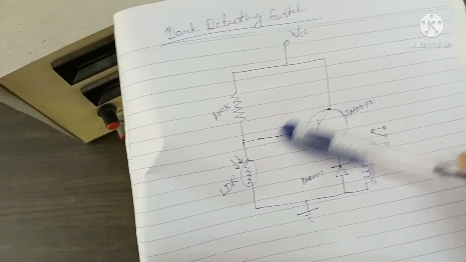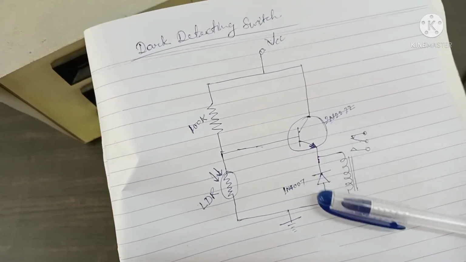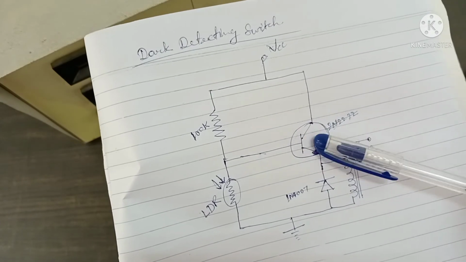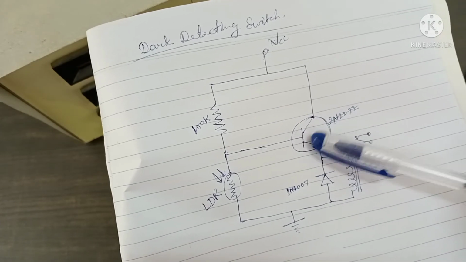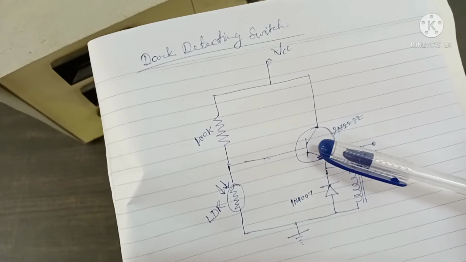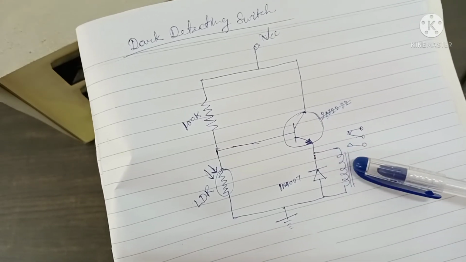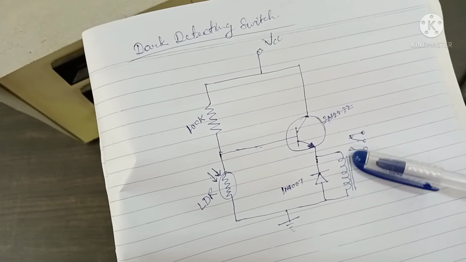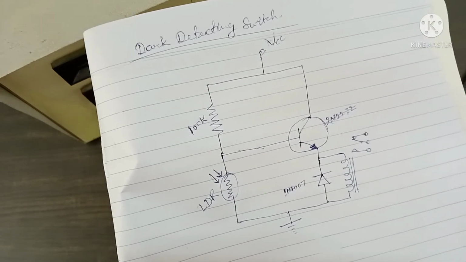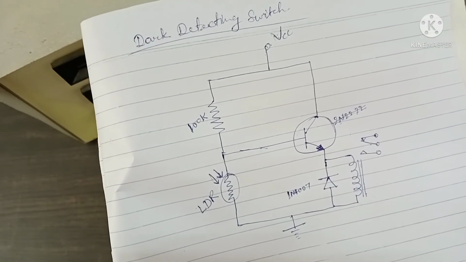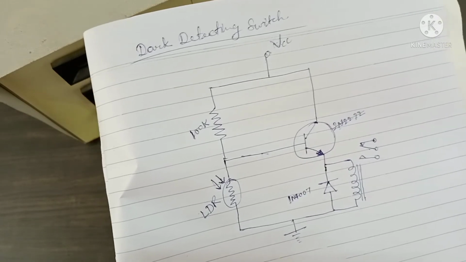The remaining things are going to remain the same. The only change is that you need a power transistor at this place. Simply replace this transistor by a power transistor, and in place of the LED you can use a relay, according to the requirement of the machine.